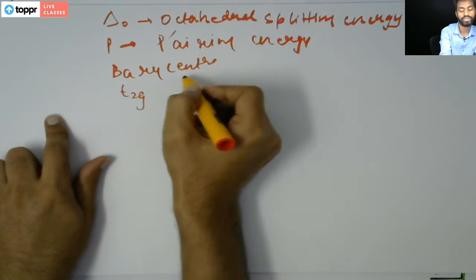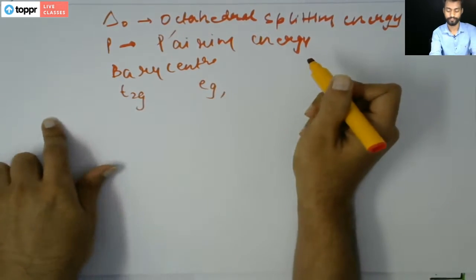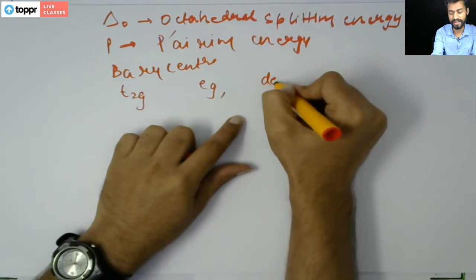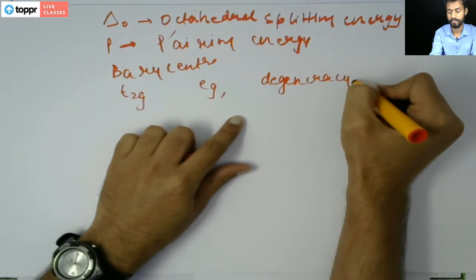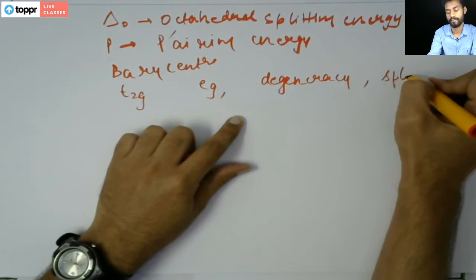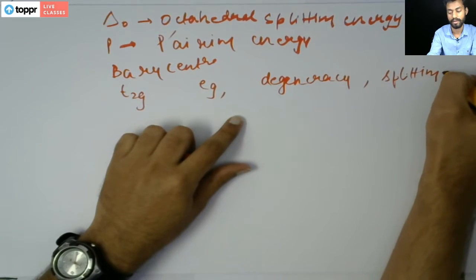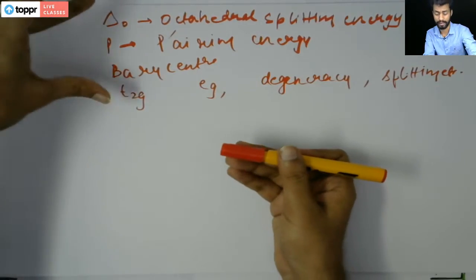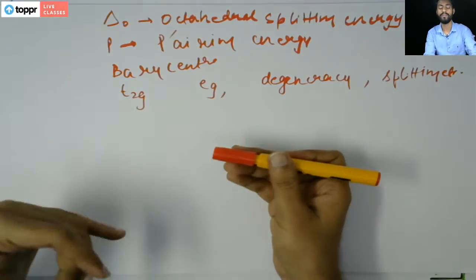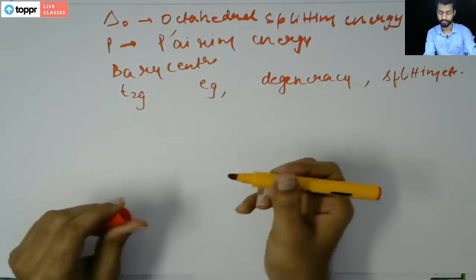Another one will be T2g, Eg, degeneracy, splitting, etc. So please be focused on these terms, and then we will look ahead after them.